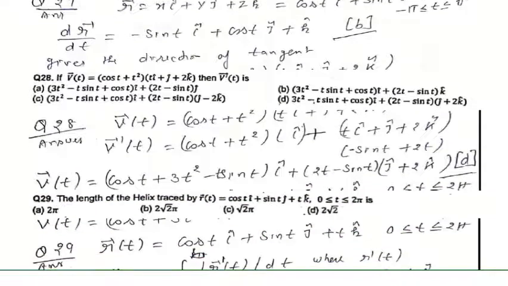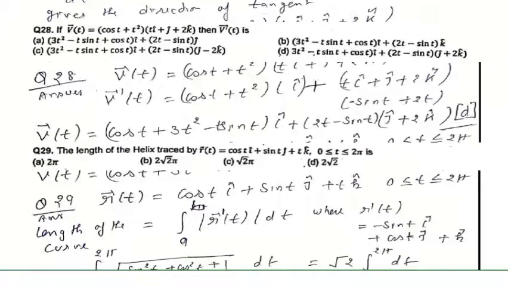Now the question number 28. You are asked to differentiate this. So to differentiate this, we have to just retain the order. First function as it is, derivative of second with respect to t, it is i only, plus second function as it is, and derivative of first with respect to t, minus sin t, 2t.